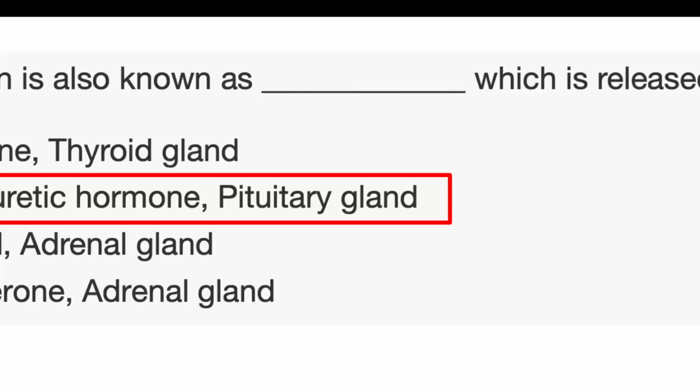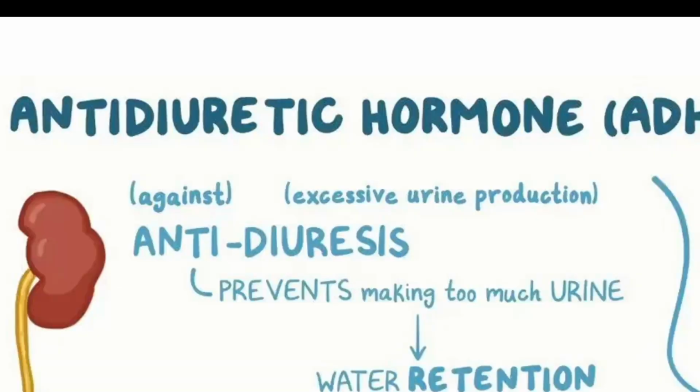Now let us understand the pituitary ADH and what its functions are. The antidiuretic hormone or ADH prevents making too much urine, or results in water retention. So antidiuresis means decreasing excretion, preventing excessive urine production and retaining water.